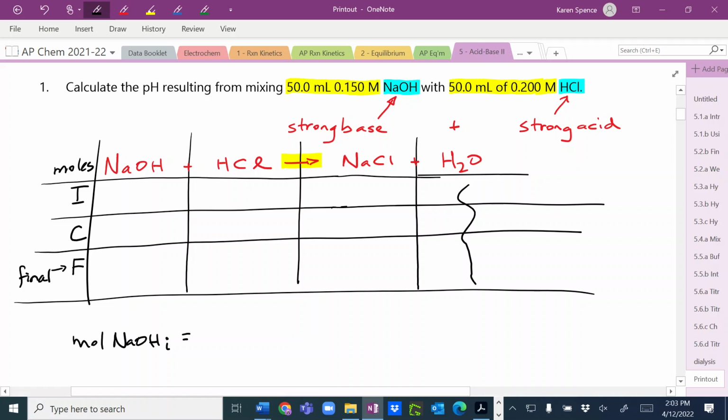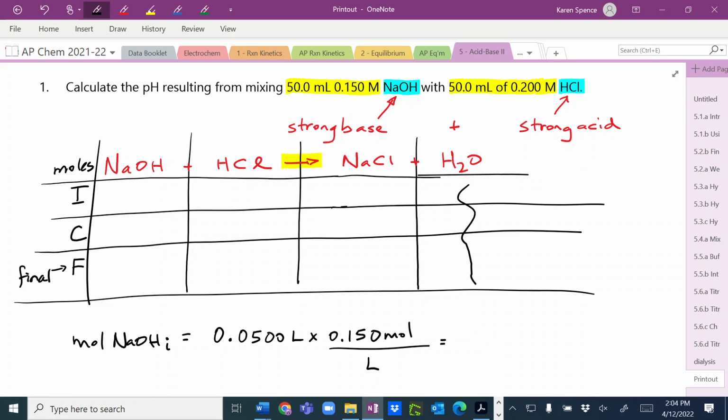Now, question, are you comfortable working in millimoles? Okay. Fine, you guys like writing times 10 to the negative 3 multiple times in a cramped little space. Not my idea of a good time, but okay. 0.0500 liters times 0.150 moles per liter. Yeah, but it'll give you the same answer.